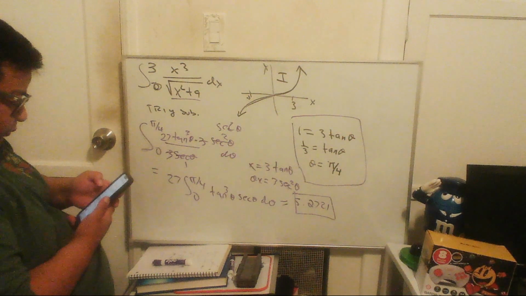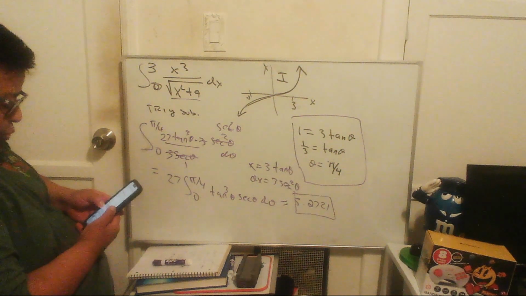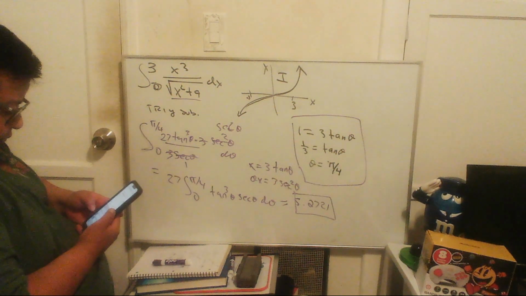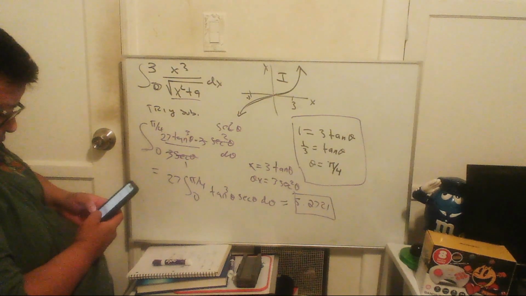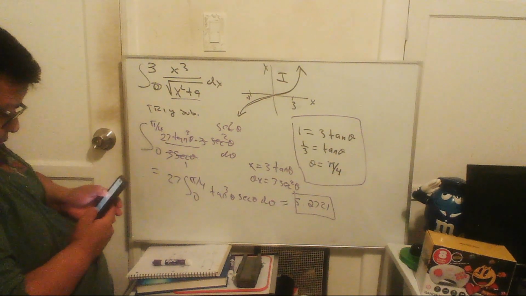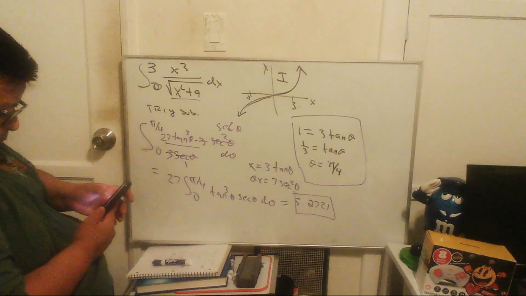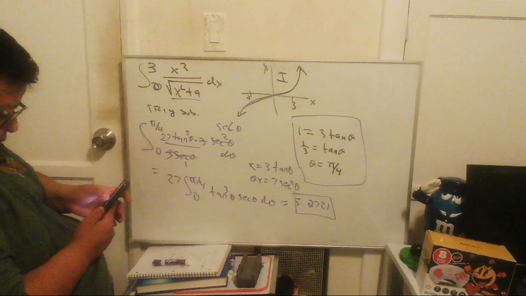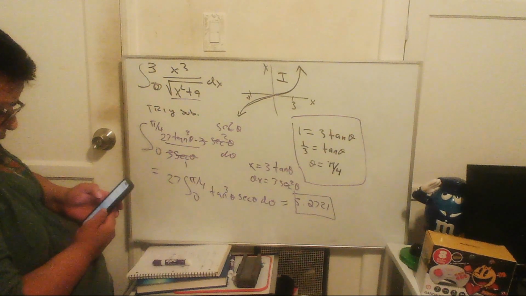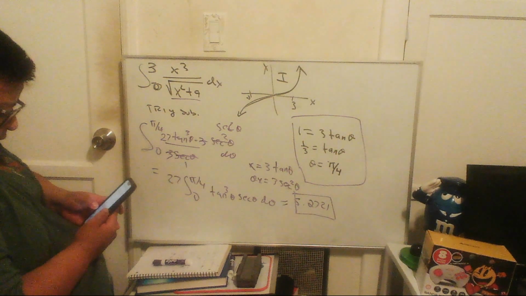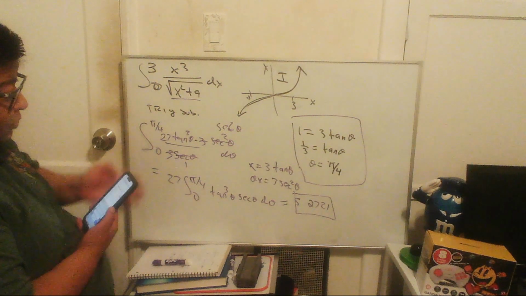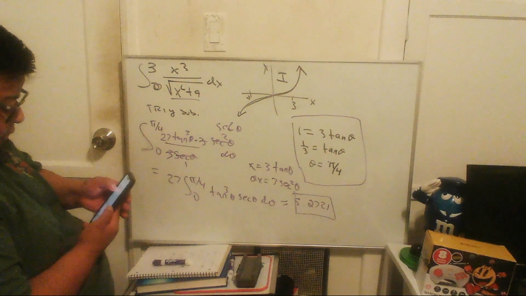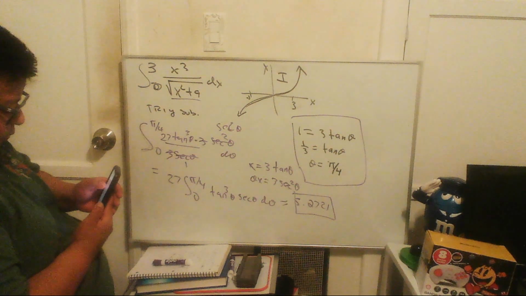Okay, so now I see. So now what I'm gonna put is 1 equal to tangent, then I have to put pi divided by 4, and of course I need to put 3 next to tangent.